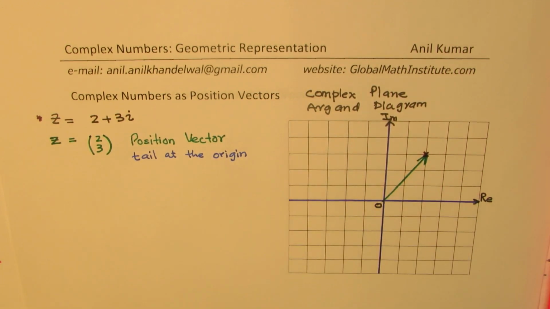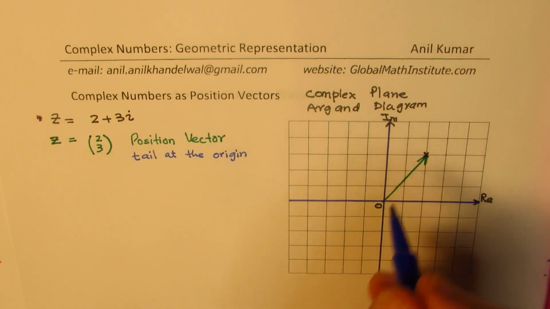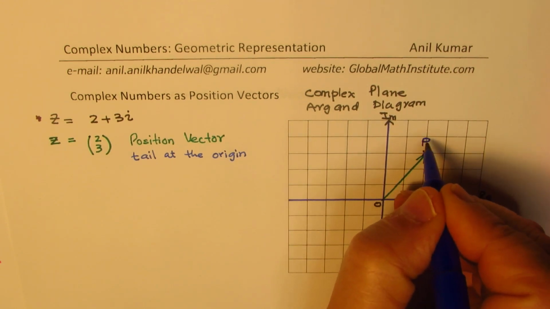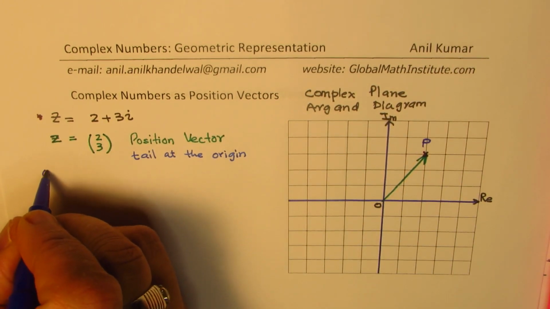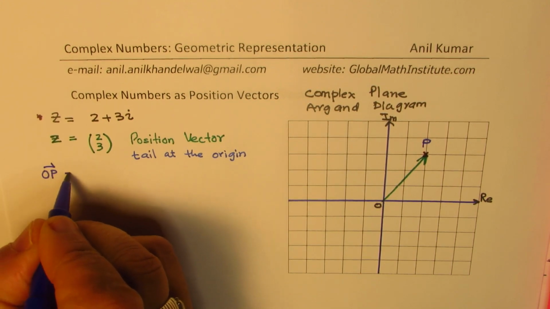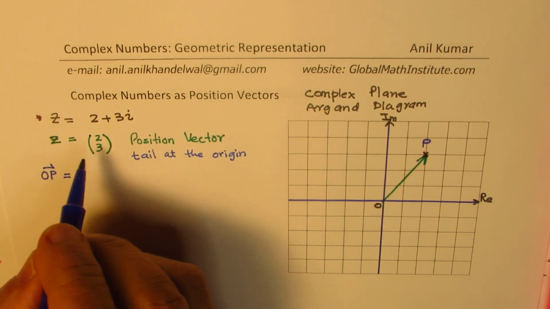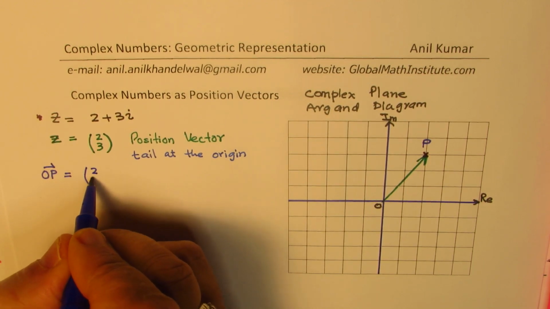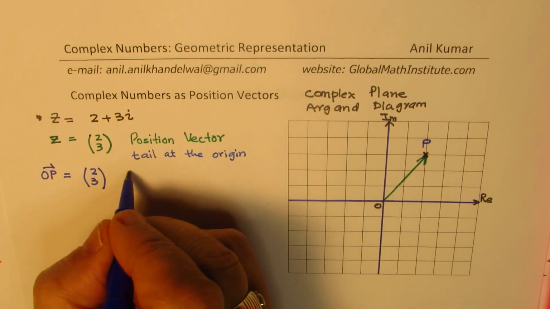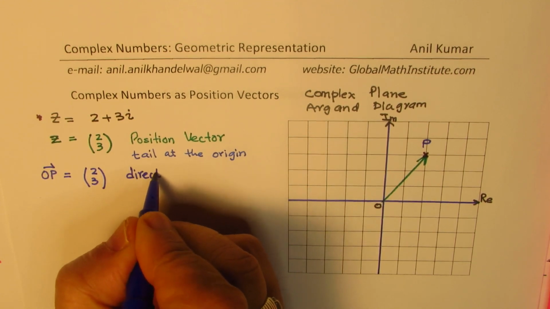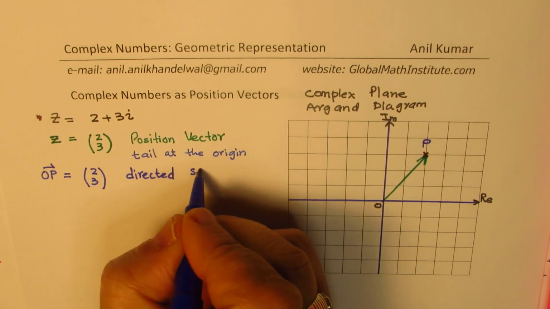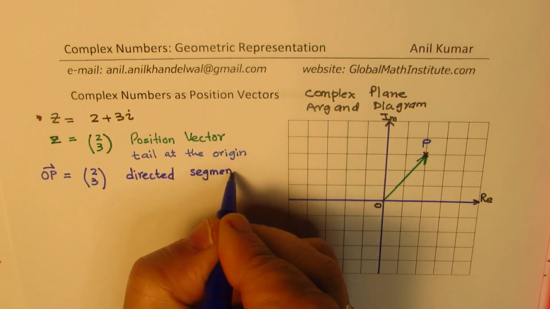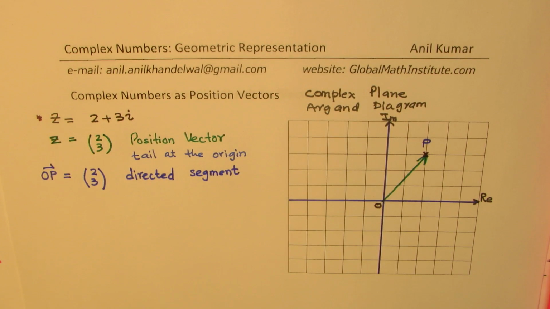This directed segment we can call OP, for example. So we say OP is representing the position vector (2, 3). So it is a directed segment, as you can see on this complex plane. That is the way to represent complex numbers as position vectors.